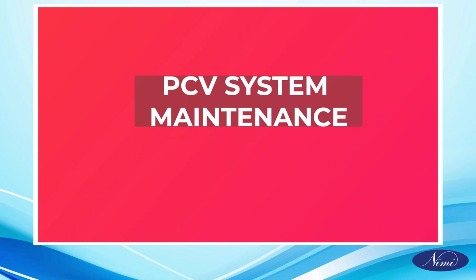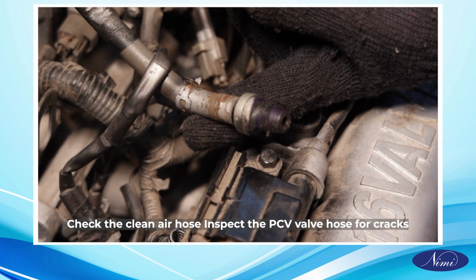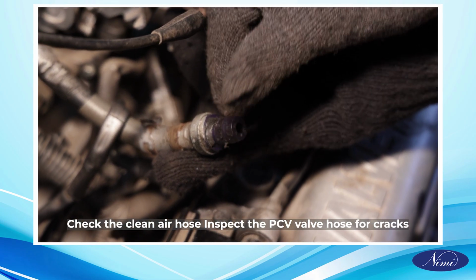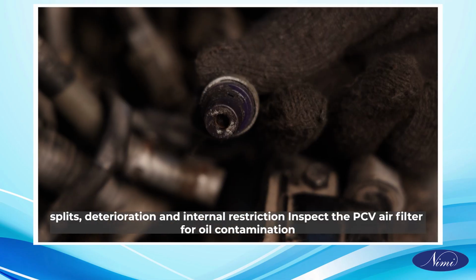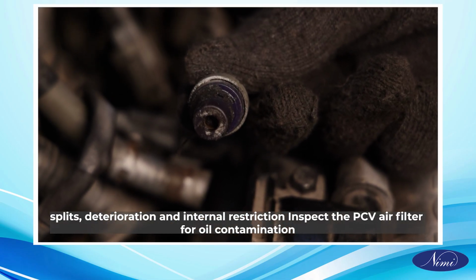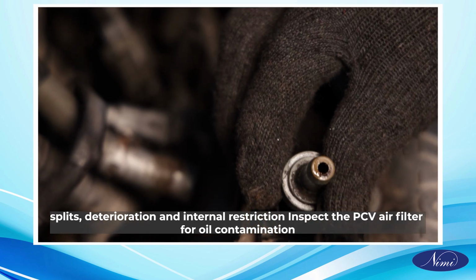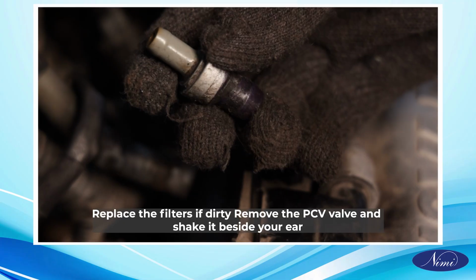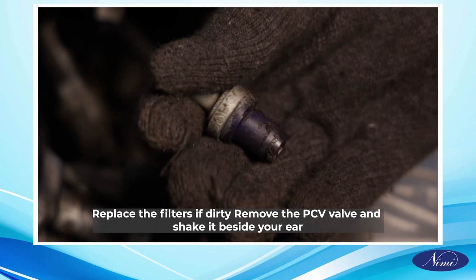PCV system maintenance. Check the clean air hose. Inspect the PCV valve hose for cracks, splits, deterioration, and internal restriction. Inspect the PCV air filter for oil contamination. Replace the filters if dirty.